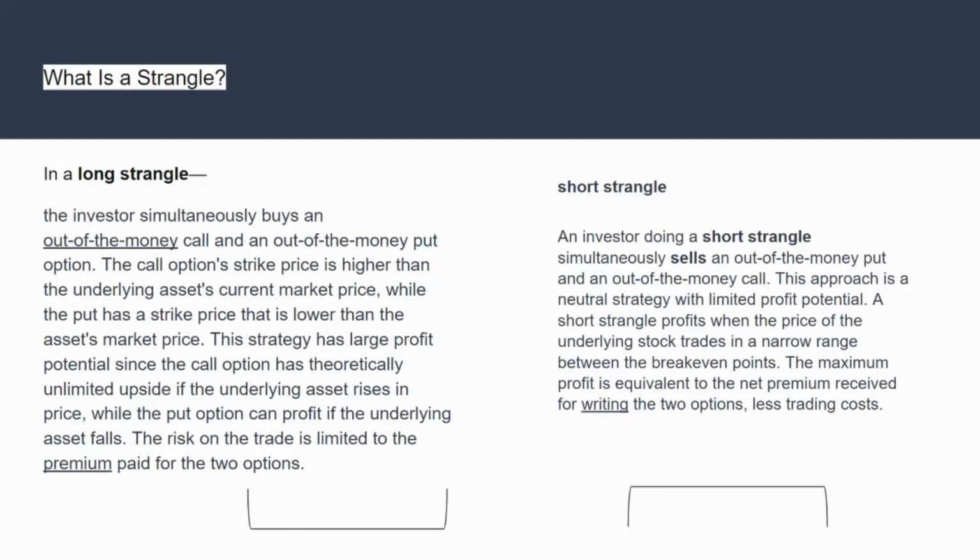This strategy has a large profit potential since the call option has theoretically unlimited upside if the underlying asset rises in price, while the put option can profit if the underlying asset falls. The risk on the trade is limited to the premium paid for the two options.